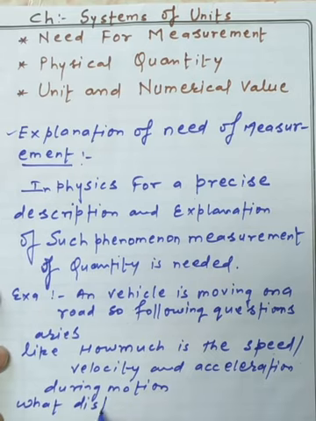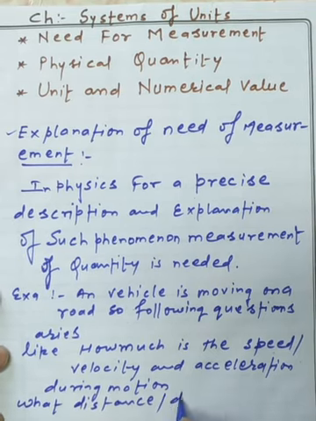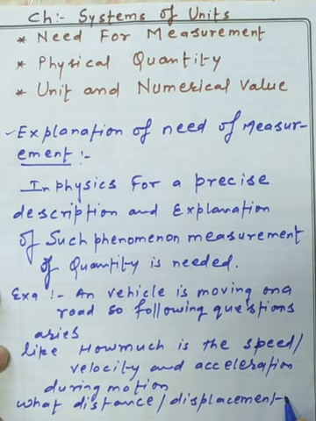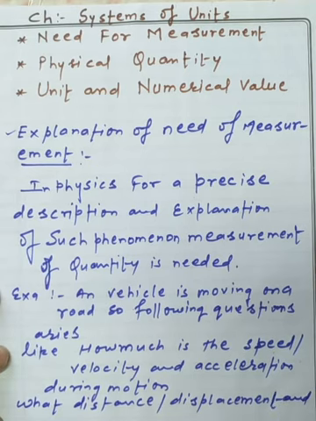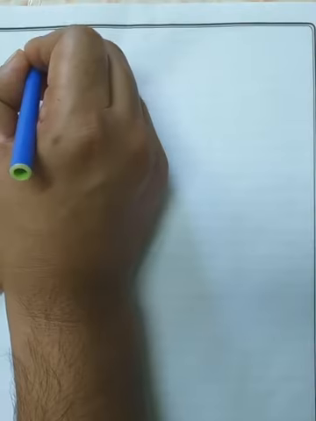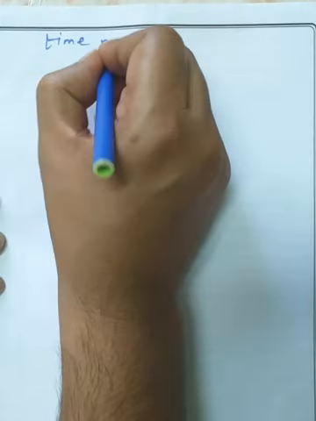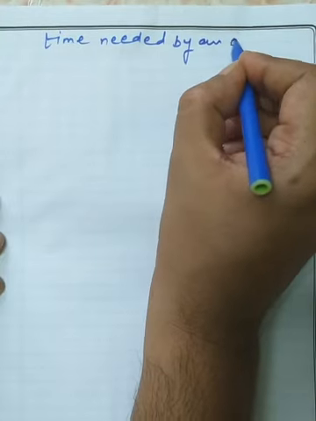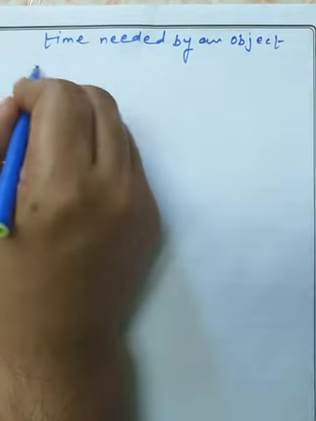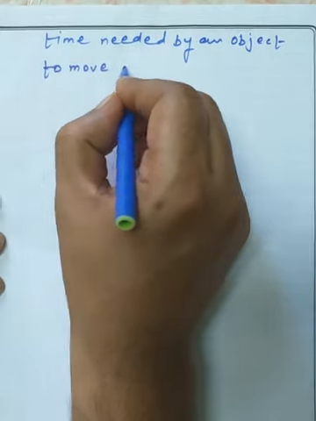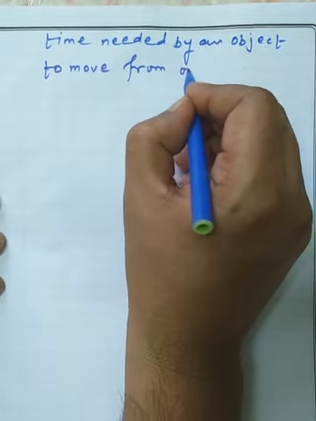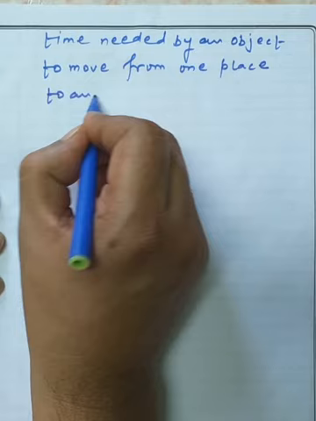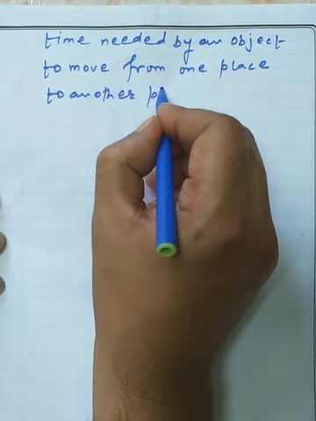What distance, displacement, and time are needed by an object to move from one place to another place?